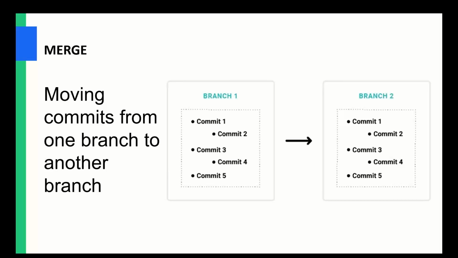And then there's the idea of a merge. Now, a merge is where you're moving commits from one branch to another branch. But of course, in order to understand that, you've got to know what branching is about. And that's where we're going to spend a lot of the focus of the rest of this webinar.